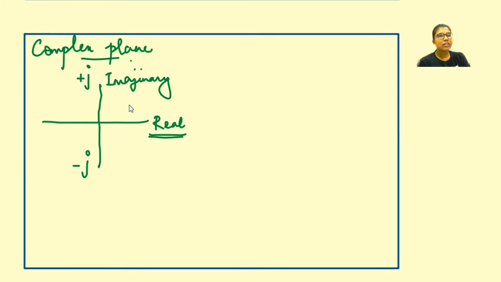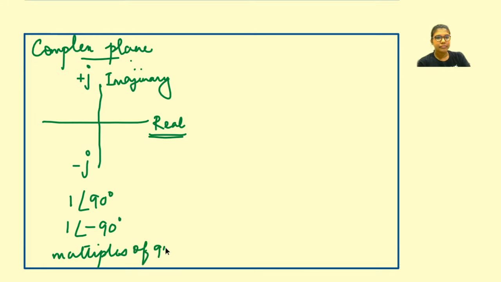And j has only one magnitude, that is unity. That is one angle 90 degree, or one angle minus 90 degree. It could be in multiples of 90 degrees. And the magnitude always remains unity.